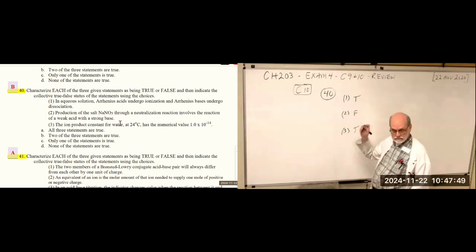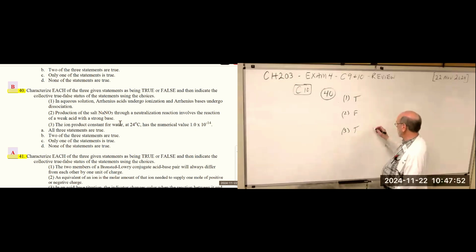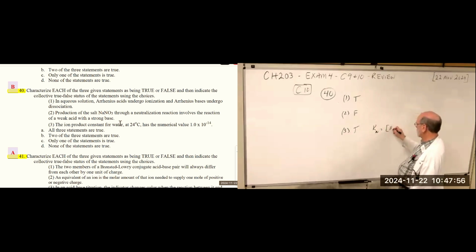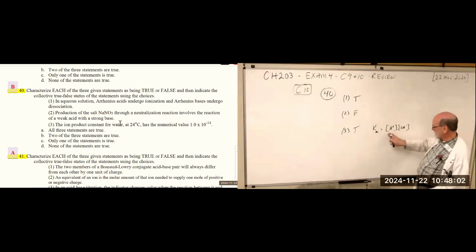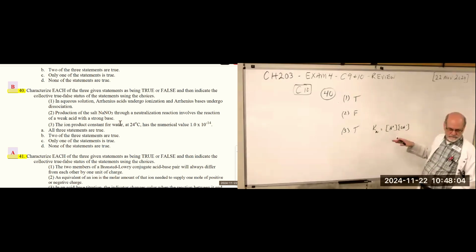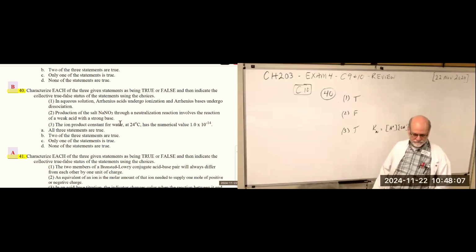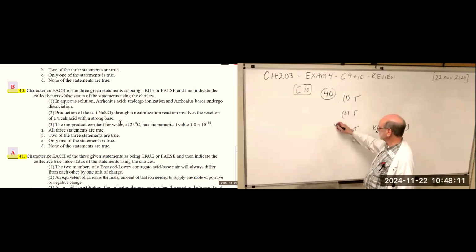That is true. The ion product is what we call Kw, that's an ion product, the cation times the anion. It's another word for it. So 2 are true. That's B.